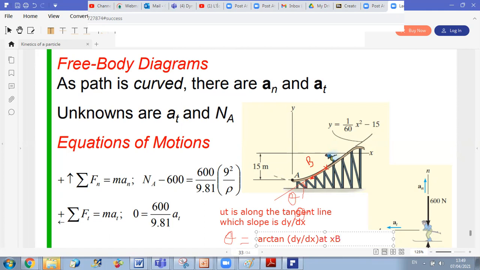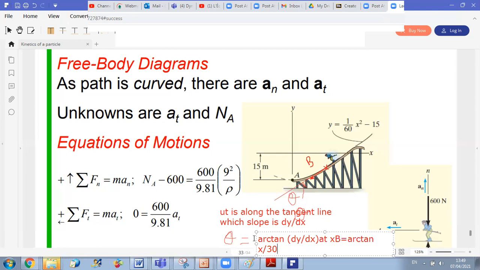So here, for example, the first derivative is x over 30, so theta is equal to arctangent of x over 30. So if they give you, for example, x of b equals 4, you just replace x by 4 and you calculate the corresponding value of theta.